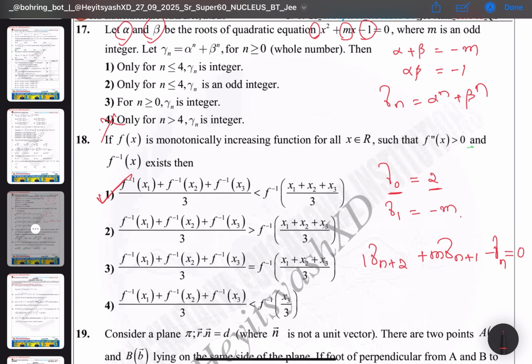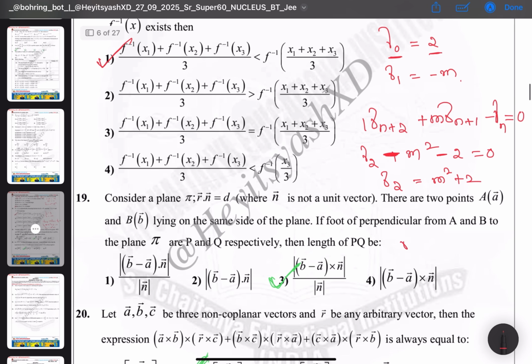If you put n equal to 0, gamma 2 plus m gamma 1, which will be minus m. So this is minus m square minus gamma 0, which is 2. So gamma 2 is m square plus 2.